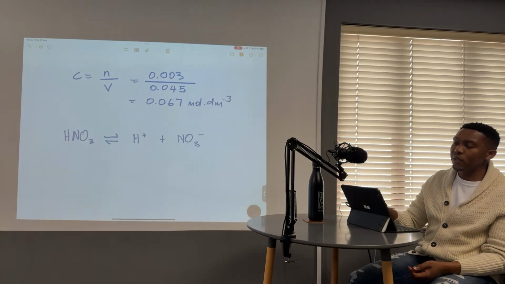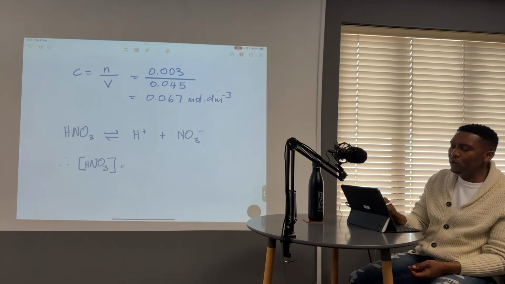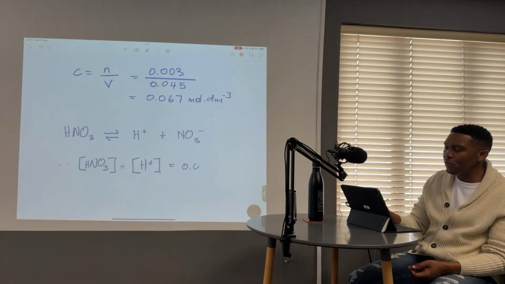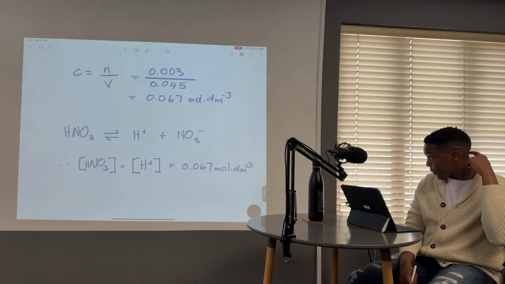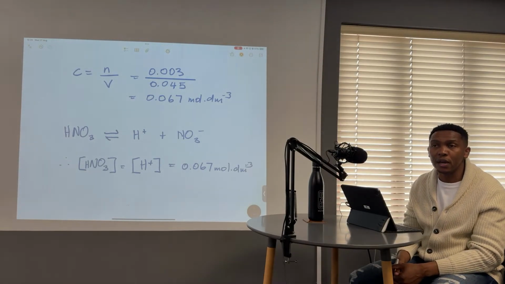Right. So therefore, the concentration of nitric acid will be equal to the concentration of our hydronium ions. And so that would be 0.067 moles per cubic decimeter. Are we all good so far? All right. Can we calculate pH now?